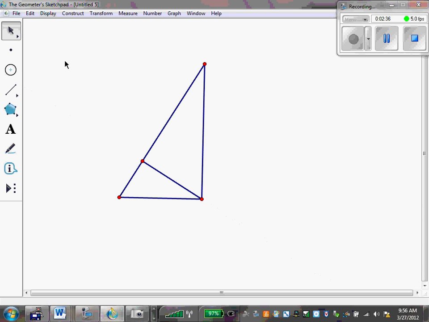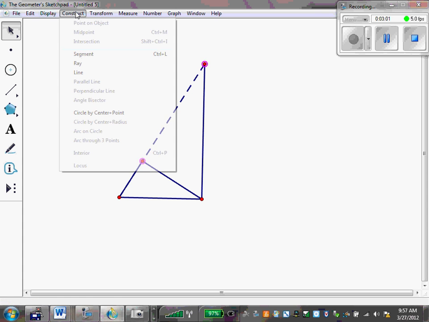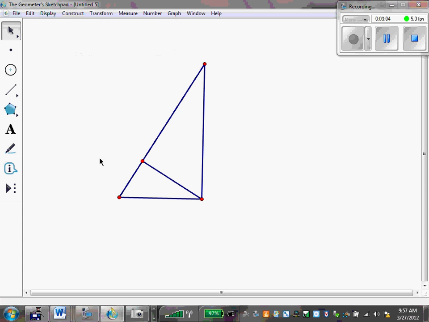So now what I would like to do is measure some lengths and see what happens with that altitude from the right angle. Okay, so I'm going to have to construct this segment and this segment because I'm going to be measuring lots of different things here. Okay, so I'm going to measure the lengths of my original triangle.